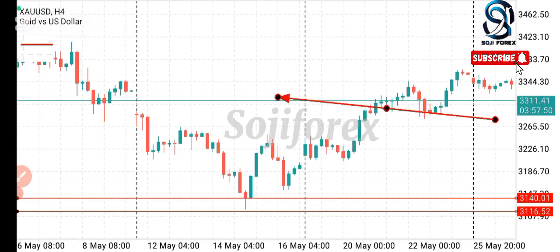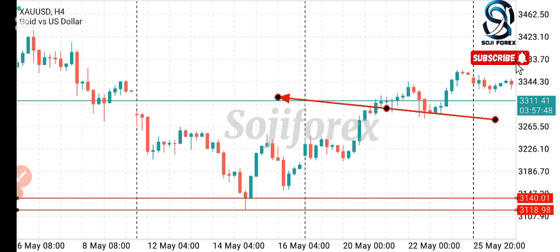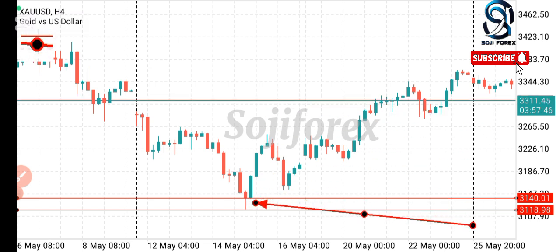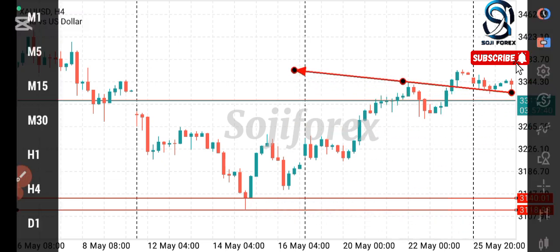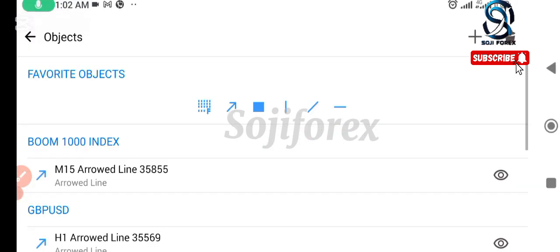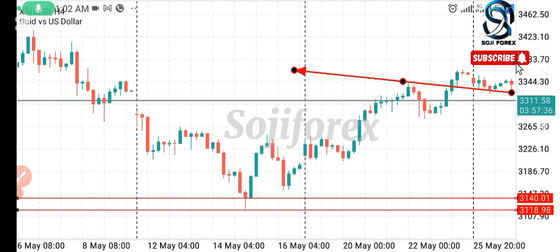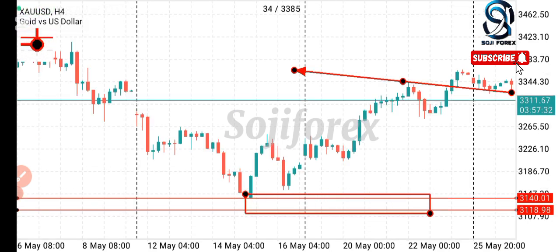By the time we mark these two zones like this, this is what gives us our zone. The point of failure and point of reaction is what gives us our zone. So you can as well use your rectangle to mark this out.